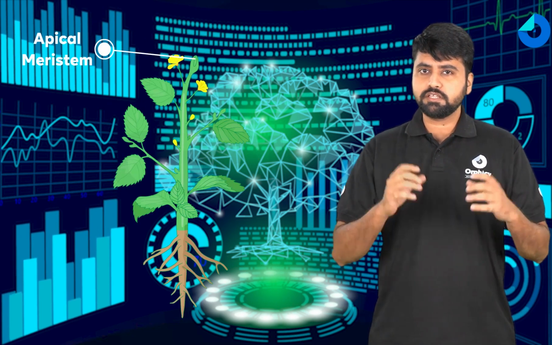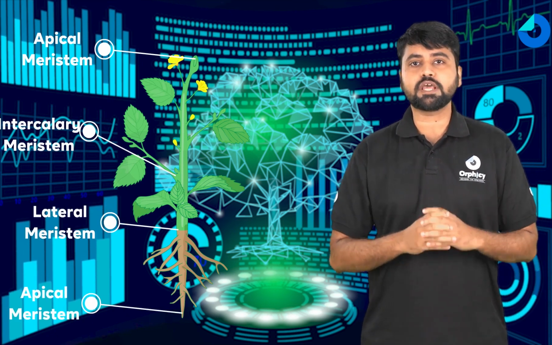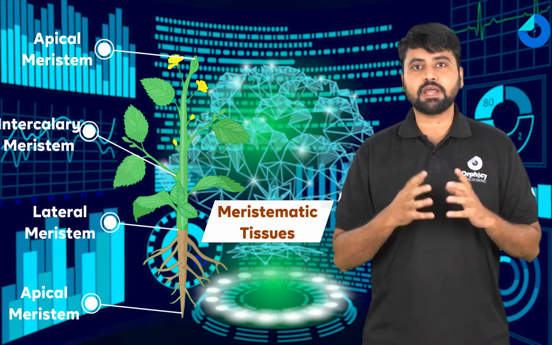In case of plants, the growth of tissues is limited only to certain regions of the plant. कुछ ऐसे तरह के tissues होते हैं which divide throughout the life of the plant. अब ऐसे जो tissue होते हैं, they are continuously dividing and they occur only in certain regions of the plant. And these types of tissues are called meristematic tissues.